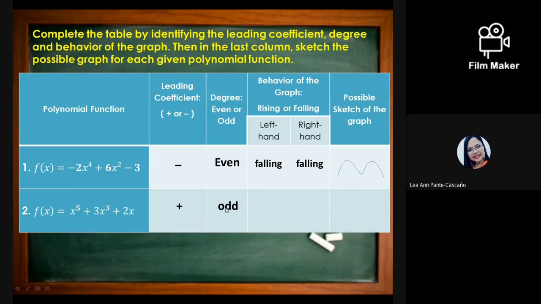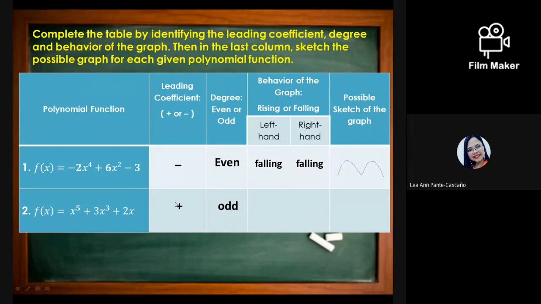Isang pababa, isang pataas. Since this is positive, sa graph, ang clue ko dyan, saan mo makikita sa x-axis yung positive? Di ba nandun siya sa right side? So this is positive odd, doon ngayon, yung pataas ang direction ng graph.